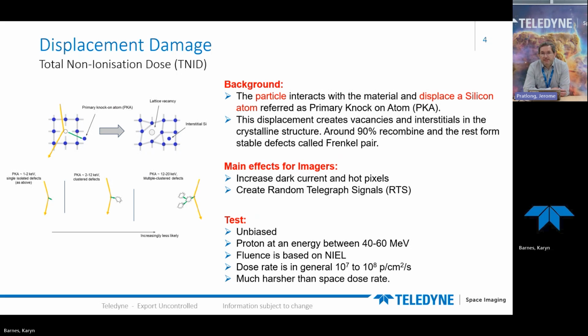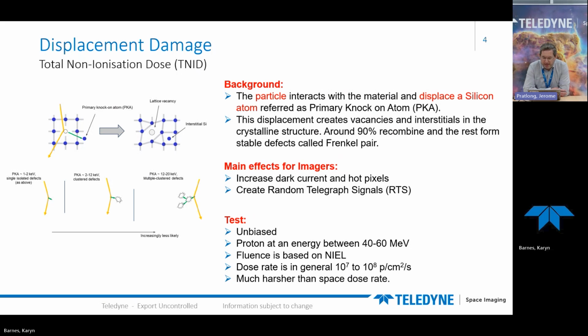However, the rest form stable defects called Frenkel pairs. Following the dose, single defects can be created, but also clusters or multi-clusters of defects. The main effect on imagers is an increase in dark current and hot pixels. It can also create random telegraph signals.